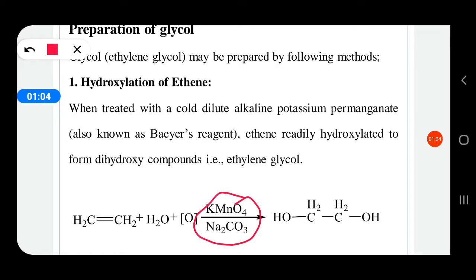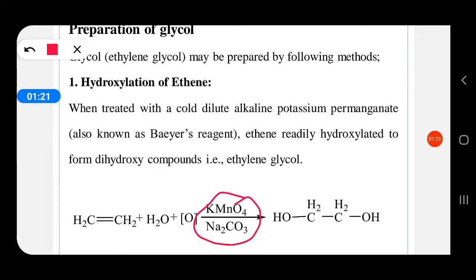You may remember that you have used this reagent. It is a very dilute KMnO4 and sodium carbonate mixture used in organic spotting to identify whether the compound is saturated or unsaturated.